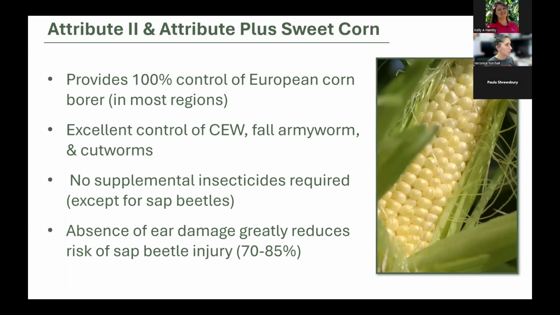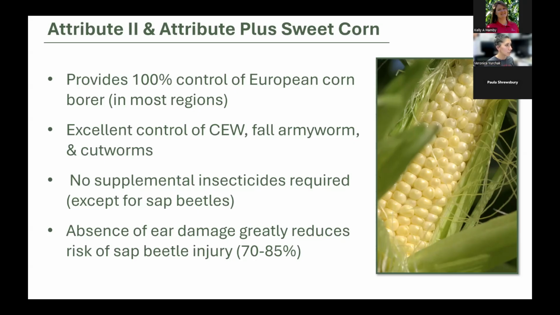When it comes to pest control, both provide 100% control of the European corn borer. That's with the Cry protein. And then the VIP protein provides excellent control of all the other caterpillar pests: corn earworm, fall armyworm, western bean cutworm, and the other cutworms.